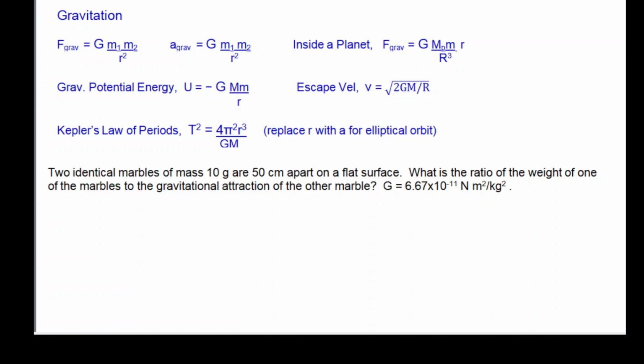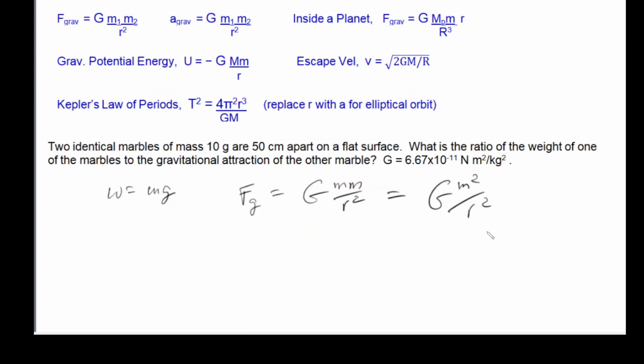Let's do some gravitation problems. Two identical marbles of mass 10 grams are 50 centimeters apart on a flat surface. What is the ratio of the weight of one of the marbles to the gravitational attraction of the other marble? So we know that weight is equal to mg, and force of gravity is equal to G times m m over r squared, which, since the marbles are identical, is G times m squared over r squared.